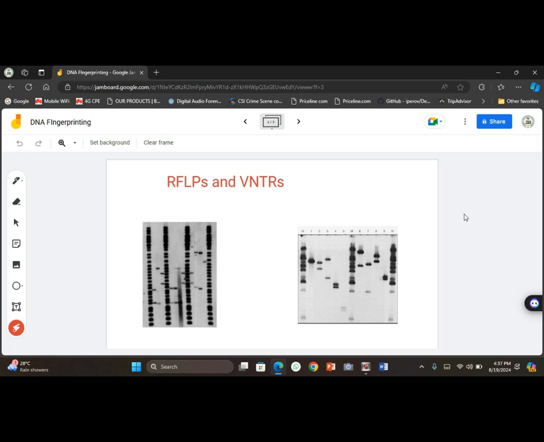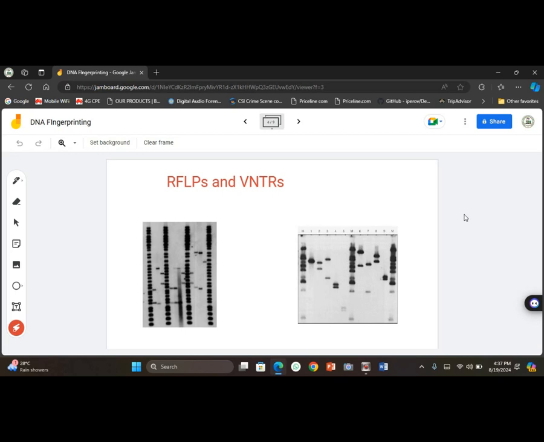And then after that it is sorted into sizes through a process called electrophoresis. So after the DNA has been extracted, it goes to the second stage, which involves cutting and sorting, and the process is done through what we call electrophoresis.